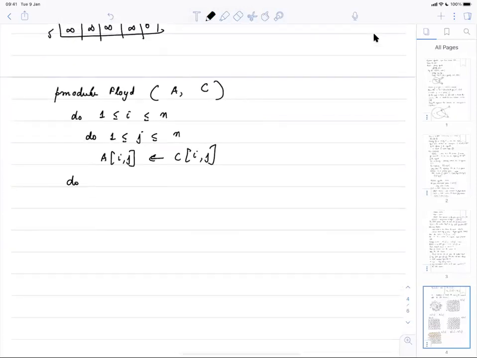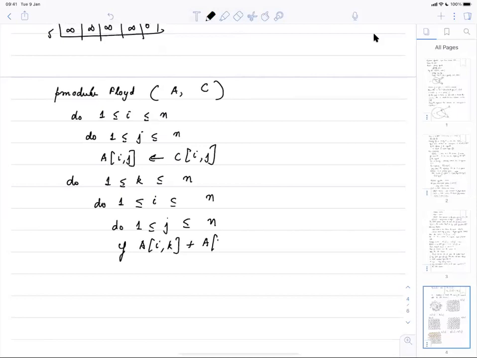Then the outermost loop, do 1 less than or equal to k less than or equal to n, do 1 less than or equal to i less than or equal to n, do 1 less than or equal to j less than or equal to n, if A of i comma k plus A of k comma j, previous iteration, is less than A of i comma j, then we update A of i comma j to A of i comma k plus A of k comma j.